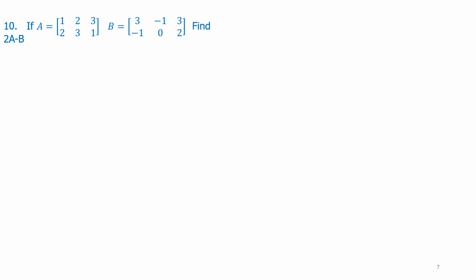Question number 10. If matrix A is equal to [[1, 2, 3], [2, 3, 1]], that is 2 by 3, 2 rows and 3 columns, and matrix B is equal to [[3, -1, 3], [-1, 0, 2]], find 2A - B. So 2A, the number 2 is a scalar, so multiply matrix A by 2.